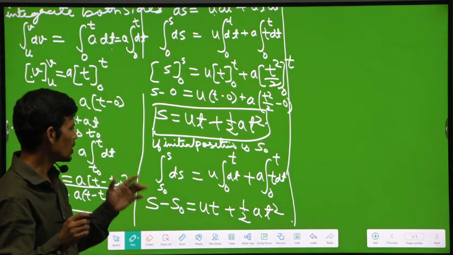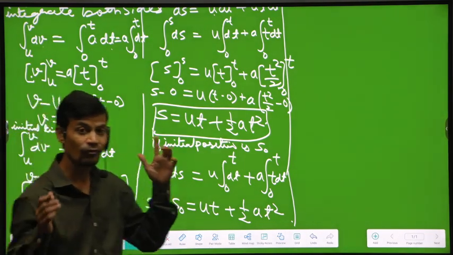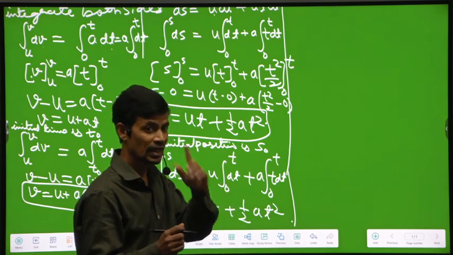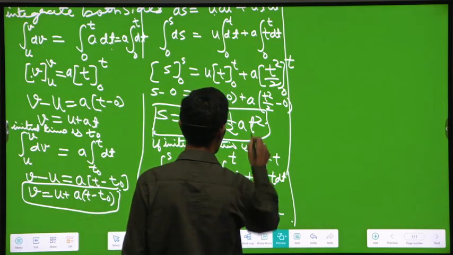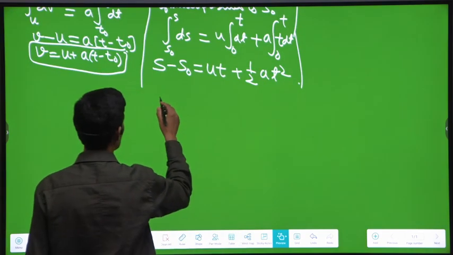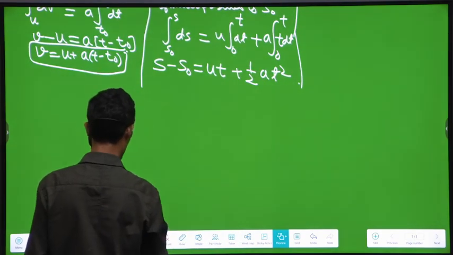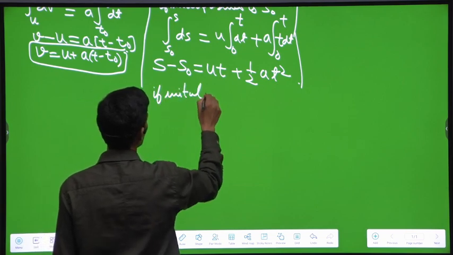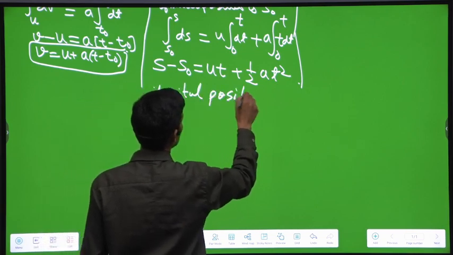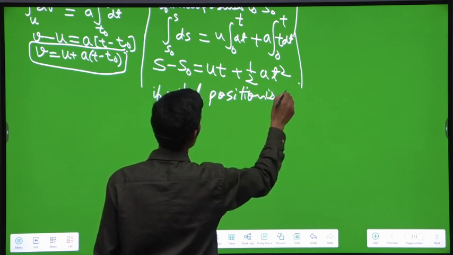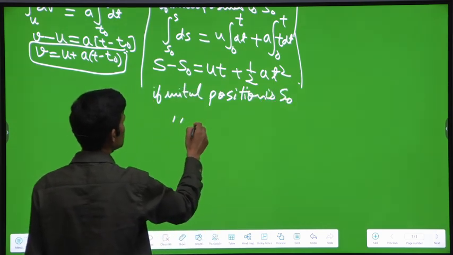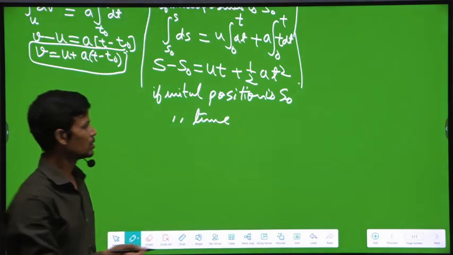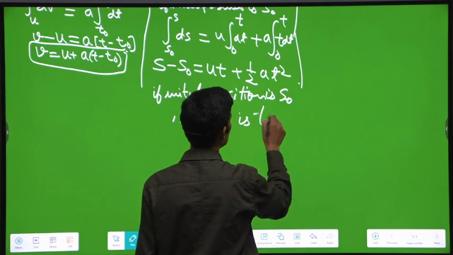The discussion doesn't end here. There is a worst condition in which the initial time is not 0. That comes with the third case. So in such a case, the initial position is s naught and the initial time is t naught.